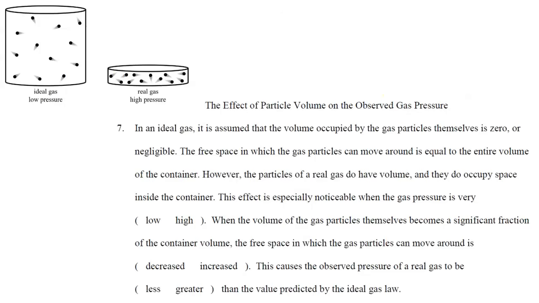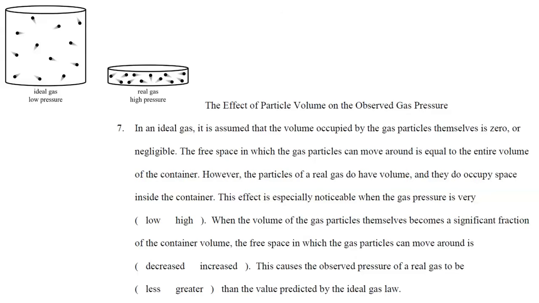The effect of particle volume on the observed gas pressure. In an ideal gas, it is assumed that the volume occupied by the gas particles themselves is zero or negligible. The free space in which the gas particles can move around is equal to the entire volume of the container.